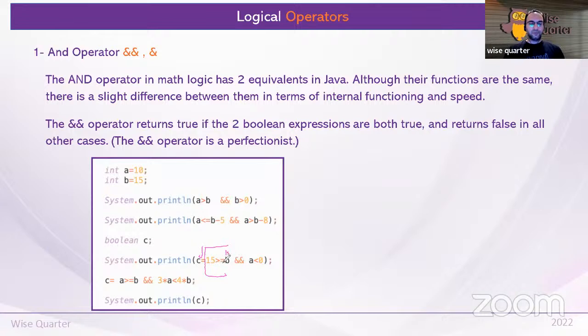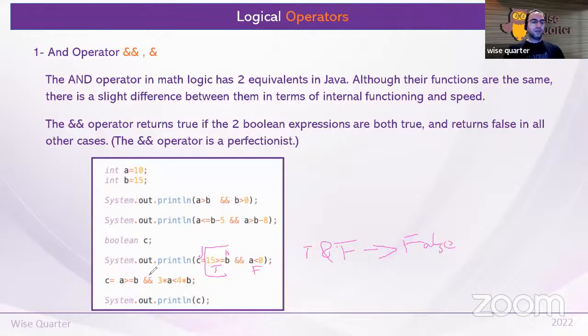They are the same, so we have the equality option here. It means this is true. And it says A is smaller than 0. It is not. A is 10, so this is false. True and false will be false.